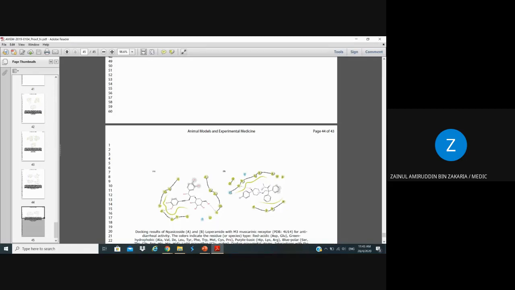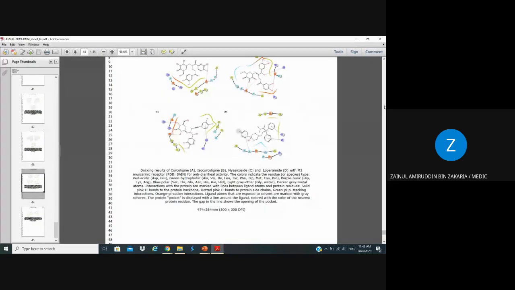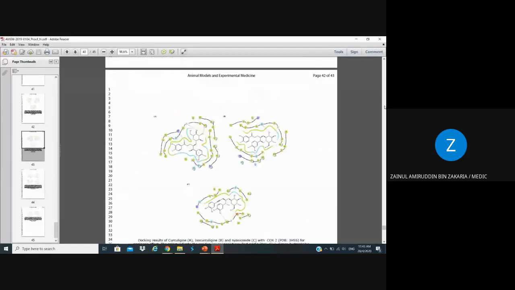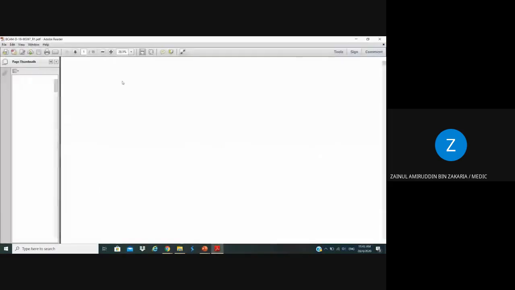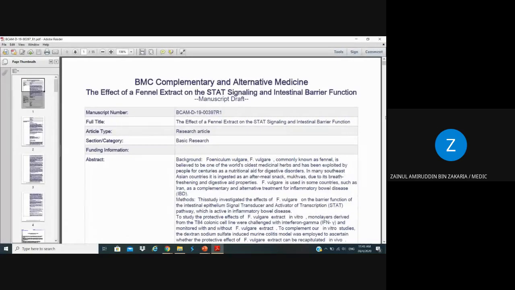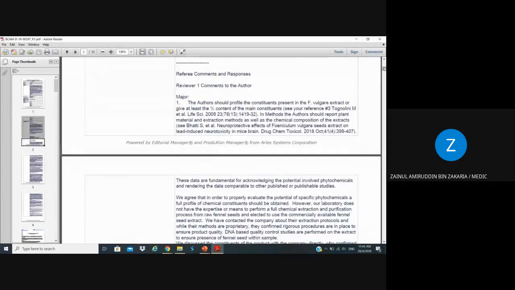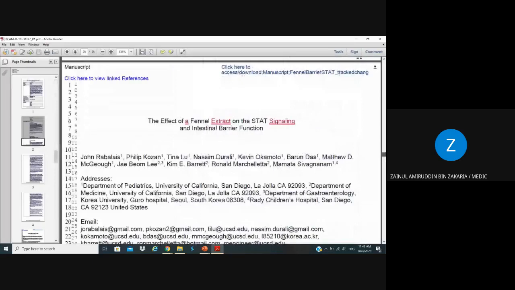You want to know how the compound binds to the protein. If it is suitable, the software will give you a result based on the binding energy and so on. Then you can predict whether there is good or bad activity or no activity, depending on what you are looking at.